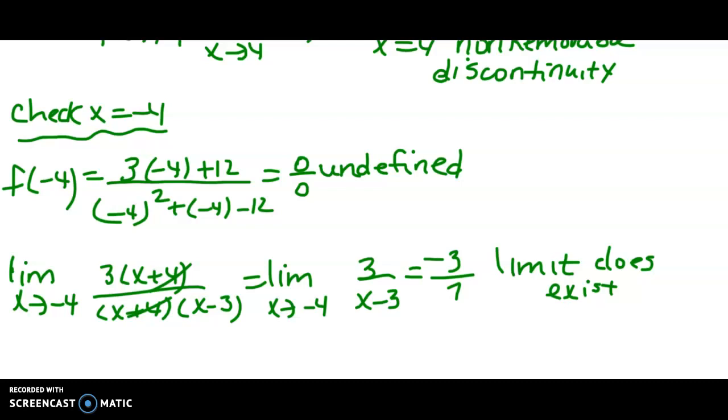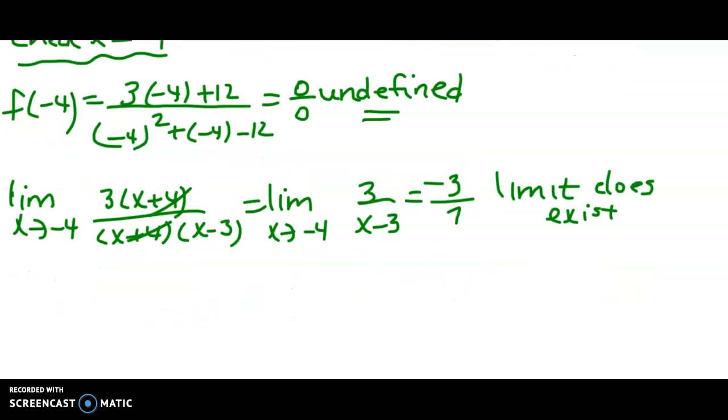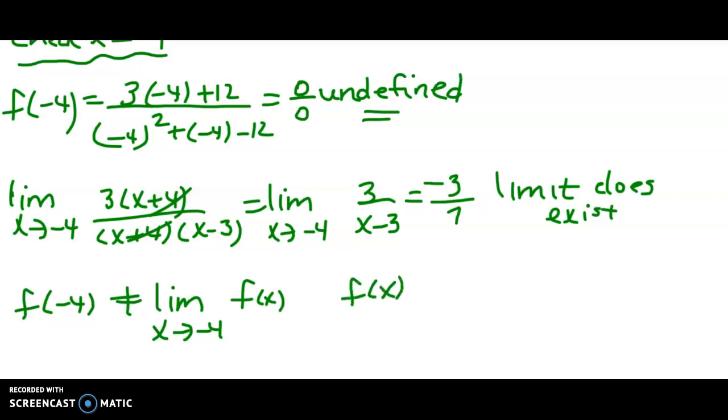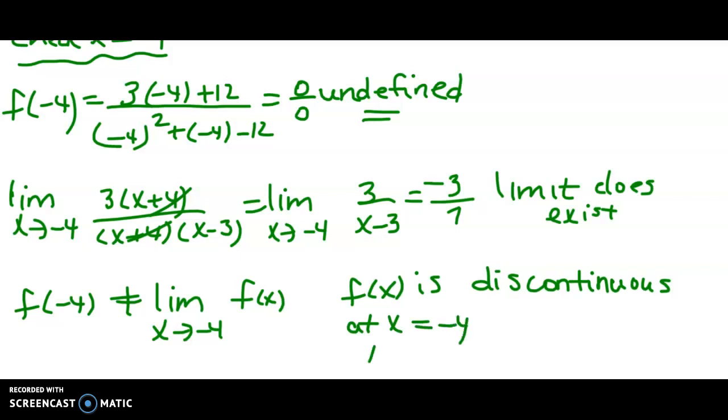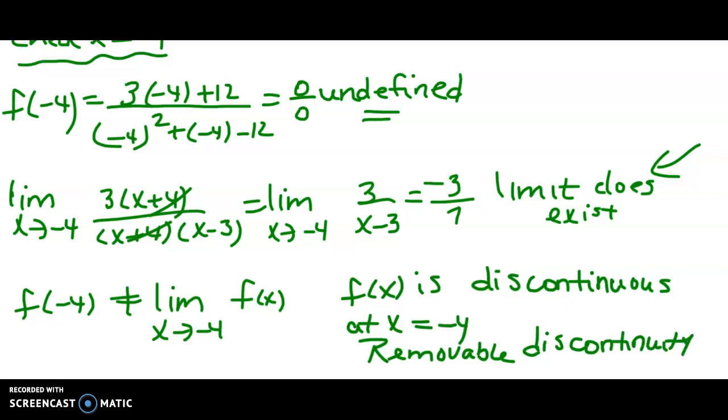However, even though the limit exists, the function was undefined. So f of -4 does not equal the limit as x approaches -4. So what do we say about the function? It's discontinuous, and we knew that because we had a point of discontinuity. However, what kind of discontinuity it is, it's called removable, because the limit did exist. So it's a removable discontinuity. That's it.